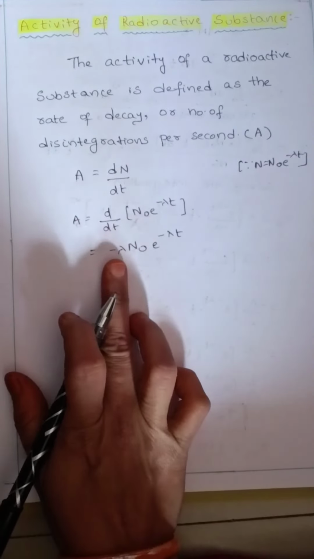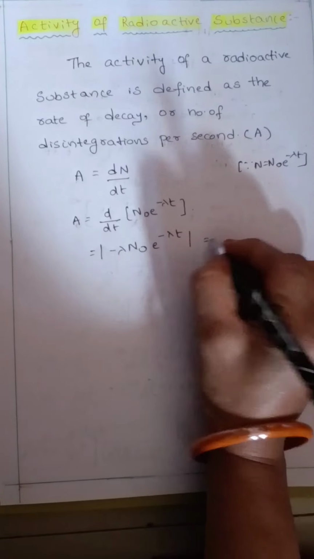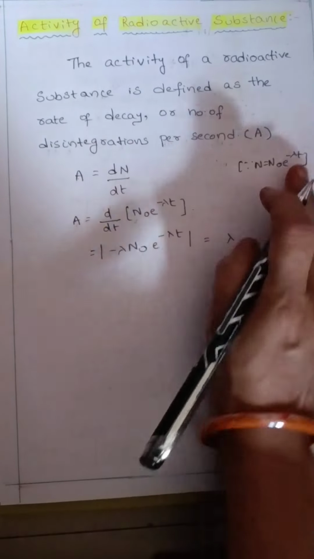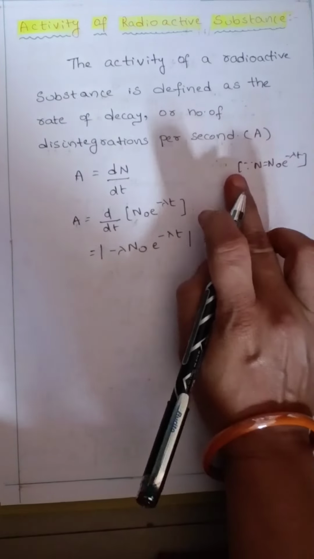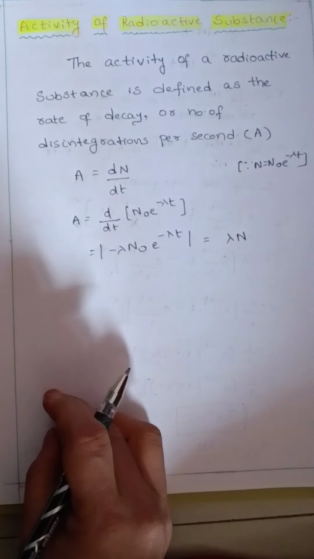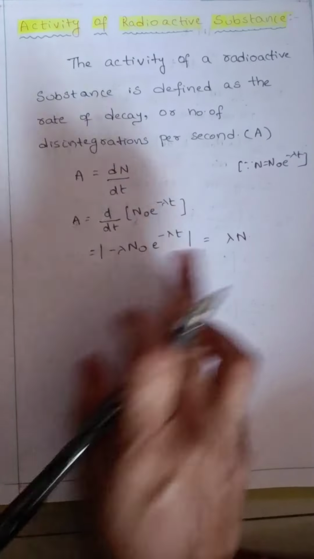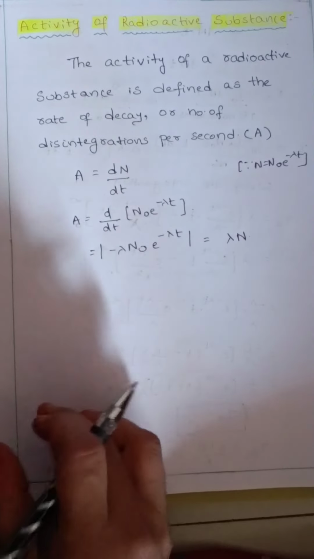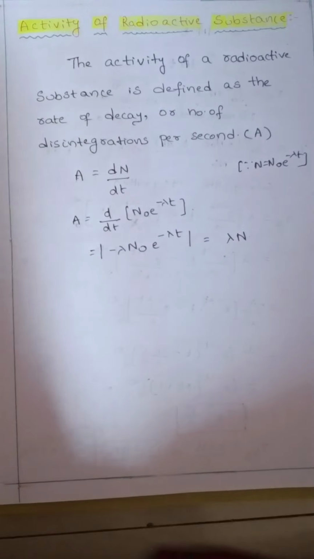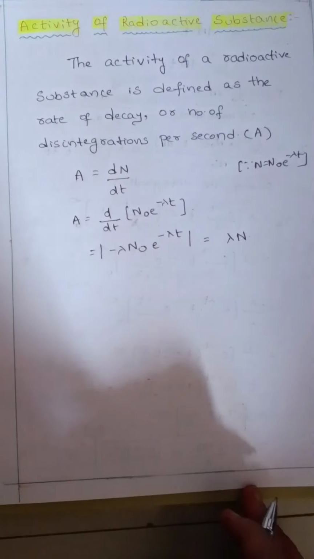We can't get a negative value, so I am writing a mod for this, and what we get here is lambda N naught e power minus lambda t, which is N again. So the activity A can be written as lambda N. And A naught is the activity at time t equal to 0, where the number of atoms is N naught.